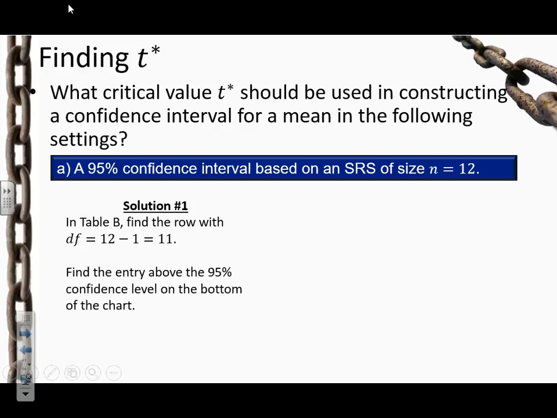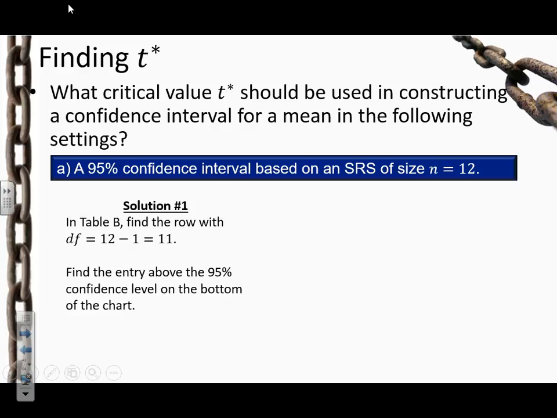Then if you look at the very bottom of the table, it gives you confidence levels. So at the bottom, you have confidence levels that run across: 50%, 60%, 80%, things like that. You're looking for 95%.